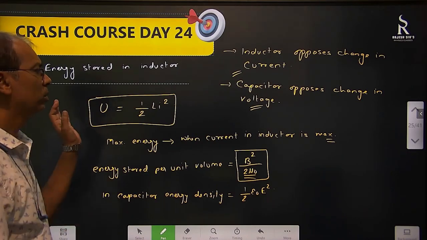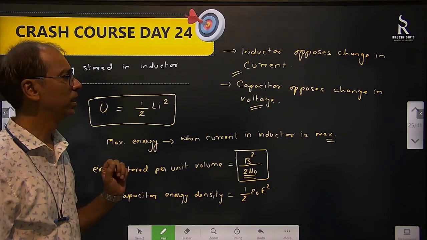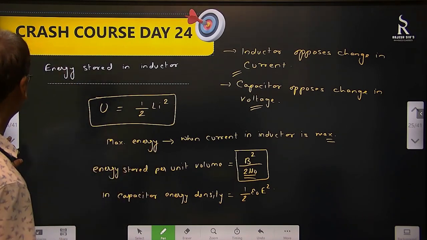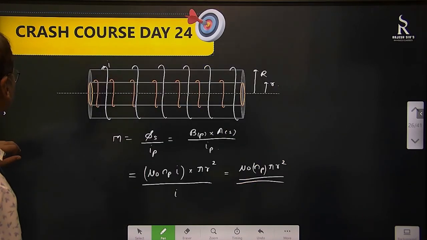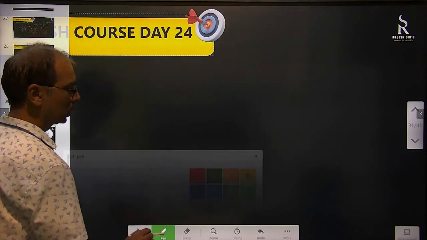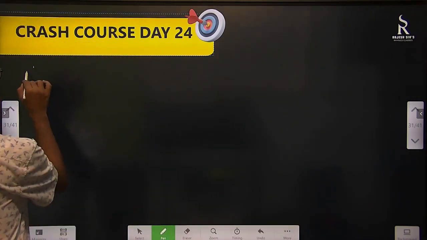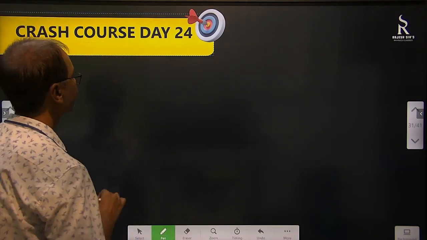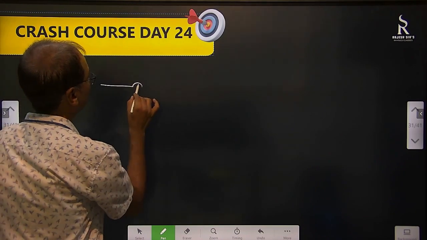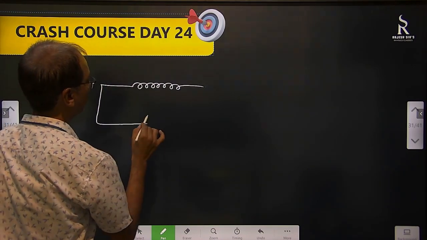Right. Now certain questions of capacitor and inductor. Shall I give you? Okay, let's do one question. The question is like this. One inductor is here and one capacitor is here.